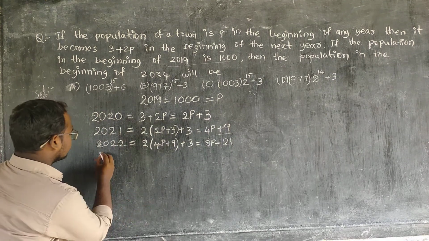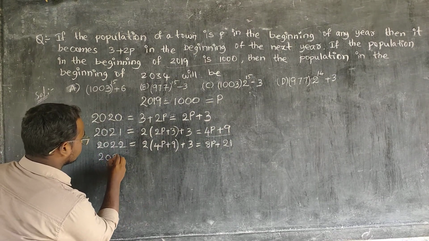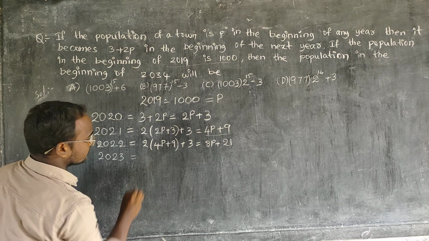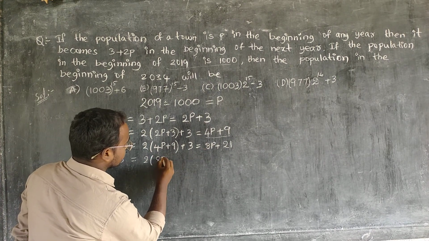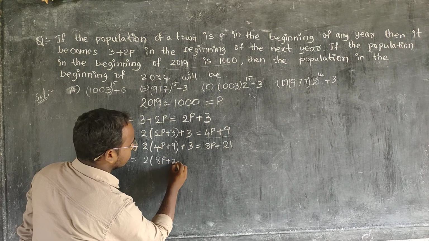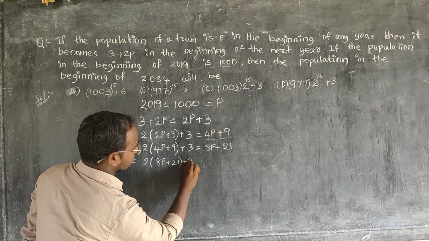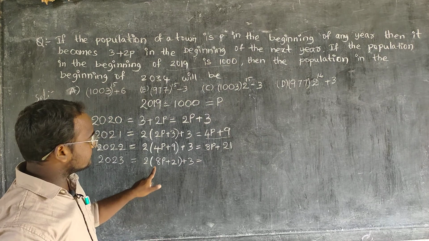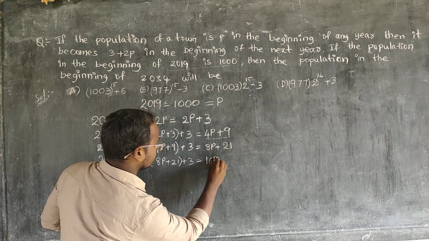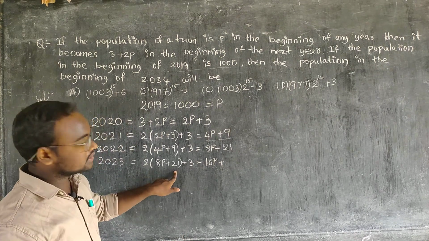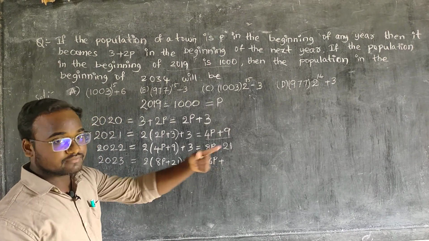Then what will it be in 2023? 2 times the before year population: 2 times (8P plus 21) plus 3, that is 2 eights are 16P plus 2 into 21, that is 42 plus 3, 45.